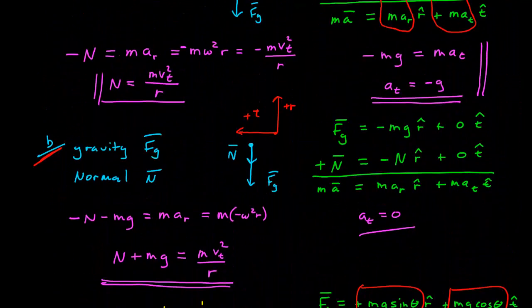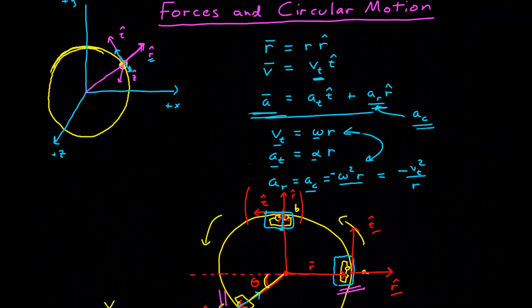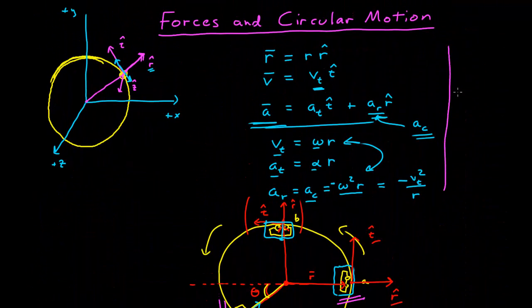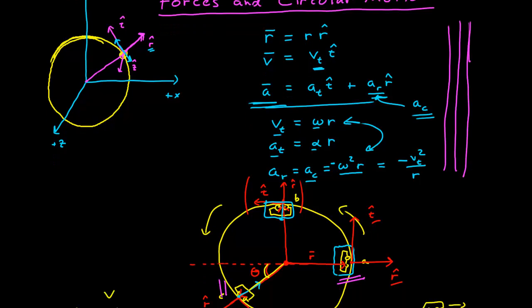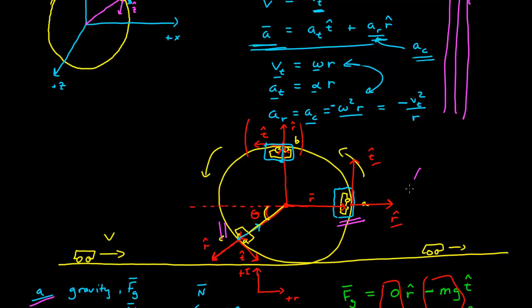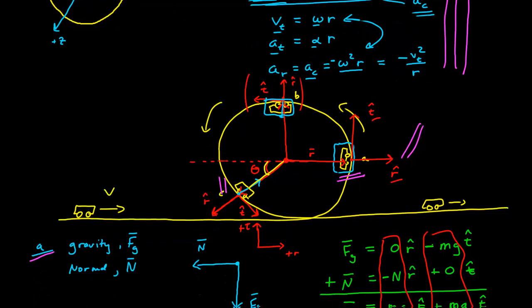Because we went through all this work to establish these relationships between our kinematic rotational motion parameters, we want to work in a coordinate system where my forces are meaningfully related to these components. And that's done if we define our coordinate system at each instant radially and tangential to the circular motion.